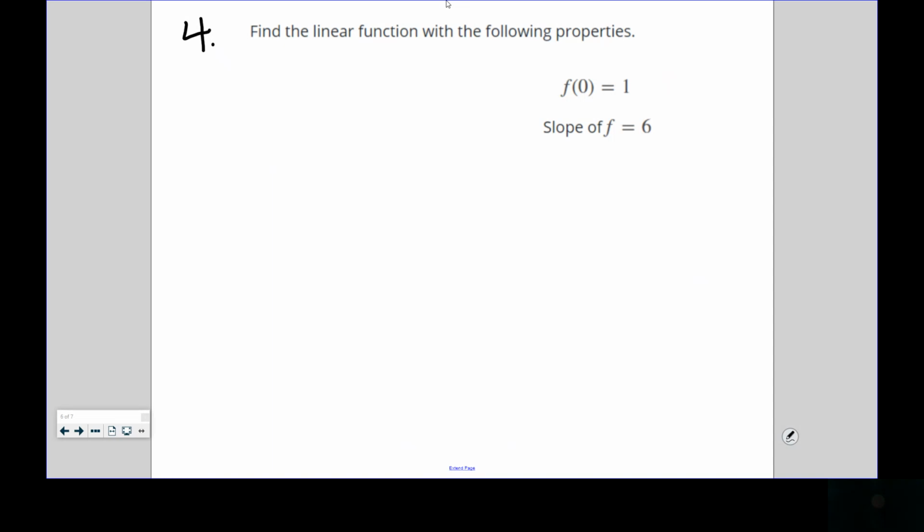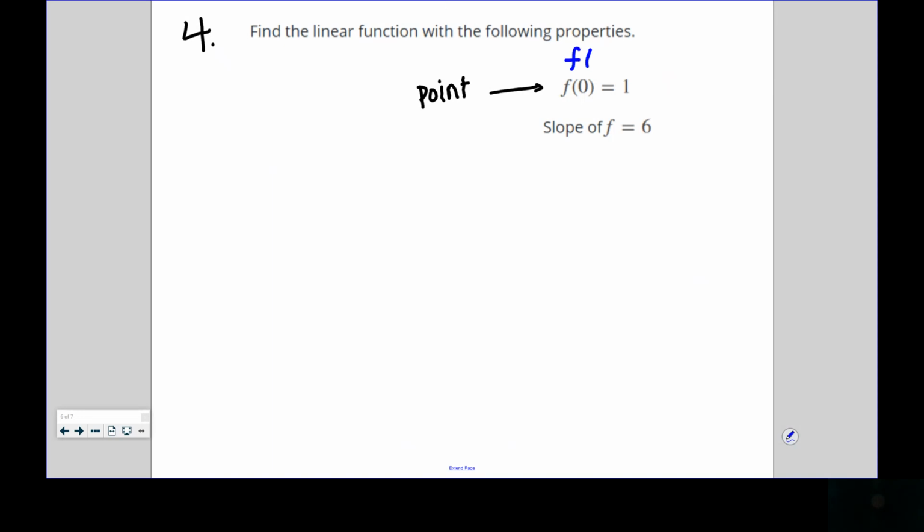So they tell us a point. I know that doesn't look like a point. That's actually what this is. This is a point. I'll show you how we can convert it into an ordered pair. So they tell you the point and the slope. So y'all told me at the beginning of class that f of x is just a fancy name for y.